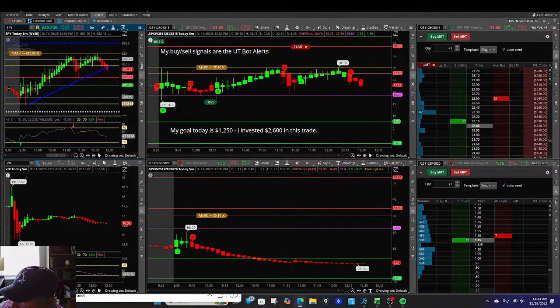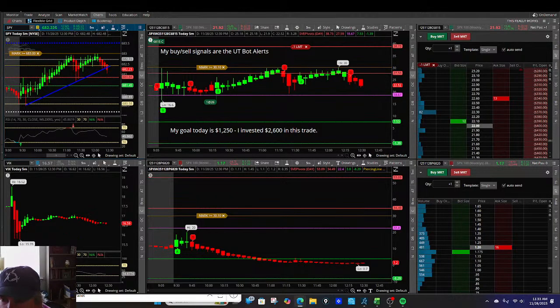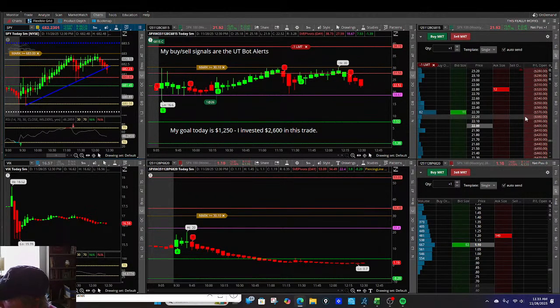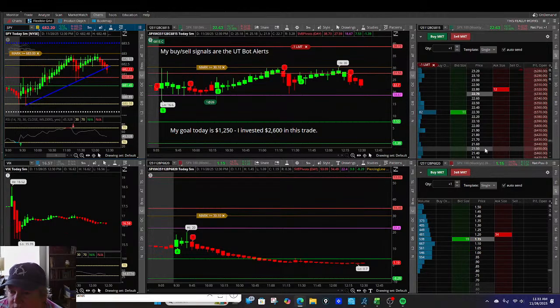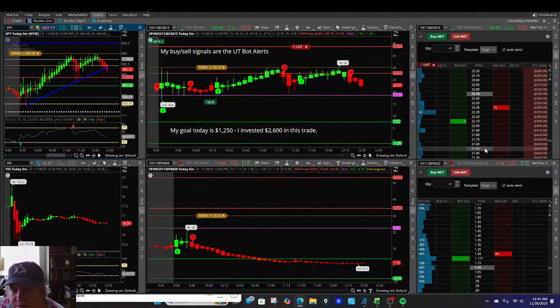Okay, fade the trade 7. You were asking me what the profit loss is. If you look over here at this gray box, that is where the price is.